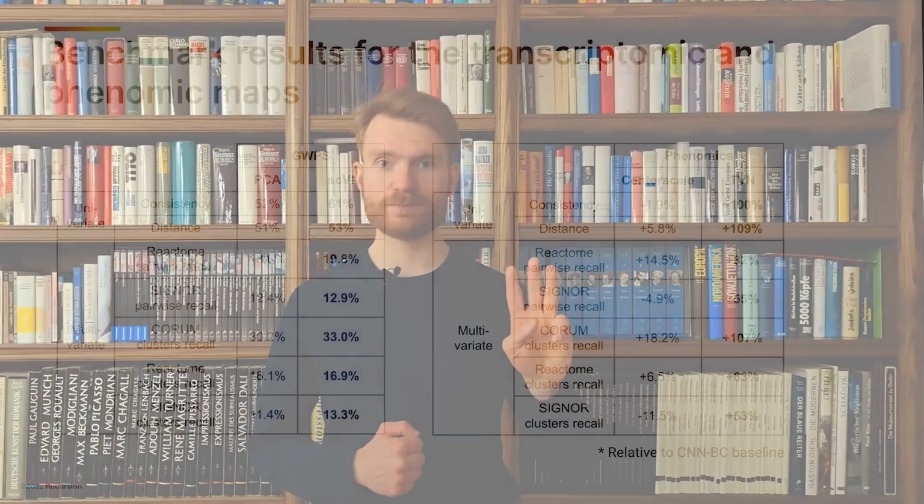For pairwise relationships, we consider 2 publicly available sources: Reactome protein-protein interactions from complexes with at most 4 proteins, and SIGNOR signaling pathway interactions. For cluster identification metrics, we consider 3 publicly available sources: Reactome gene sets from the MSigDB C2 collection, SIGNOR pathways, and CORUM protein complexes.